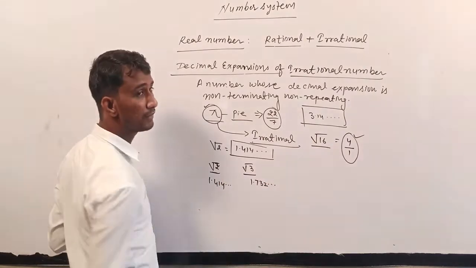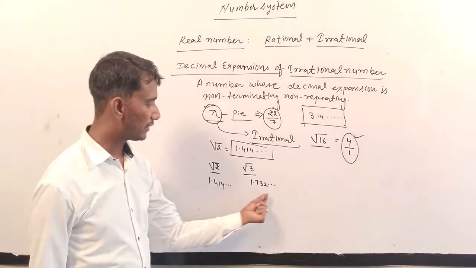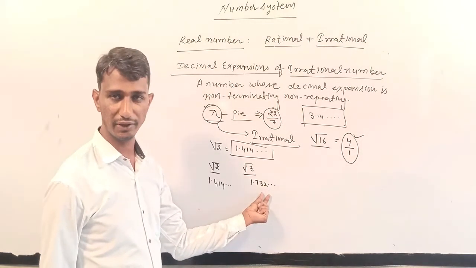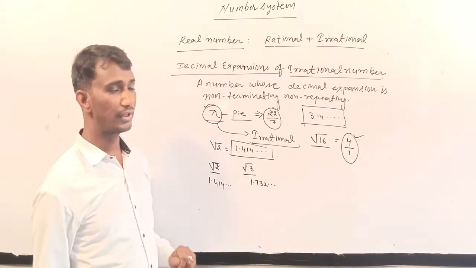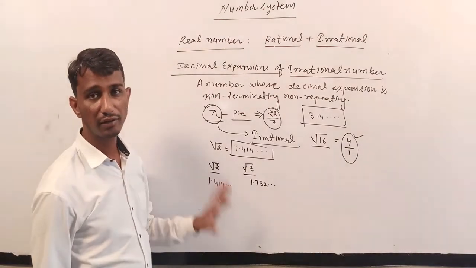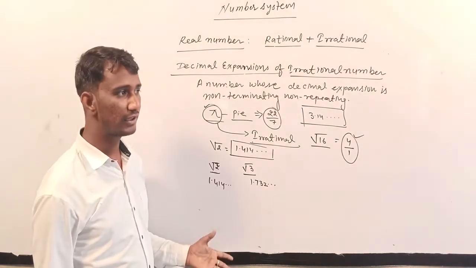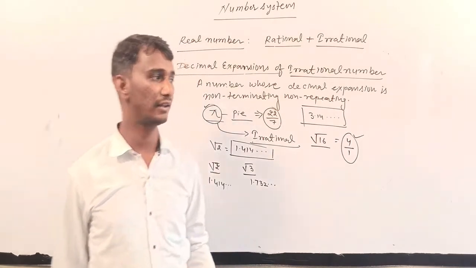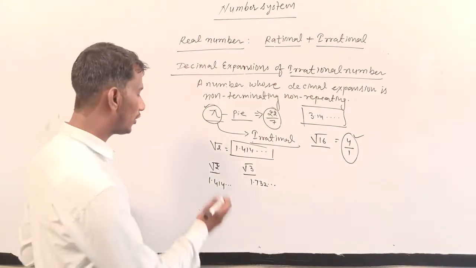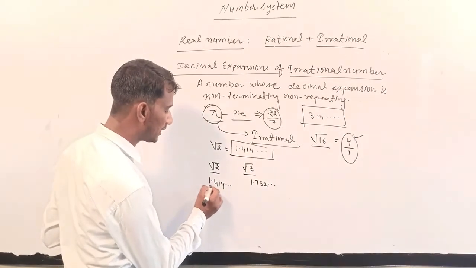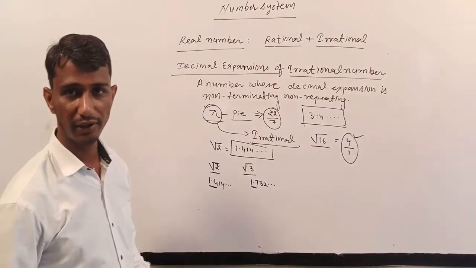This means division is not completed and digits never repeat, so these are irrational numbers. Now you can find whatever irrational numbers you want, because there are infinitely many numbers between 1.4 and 1.7.